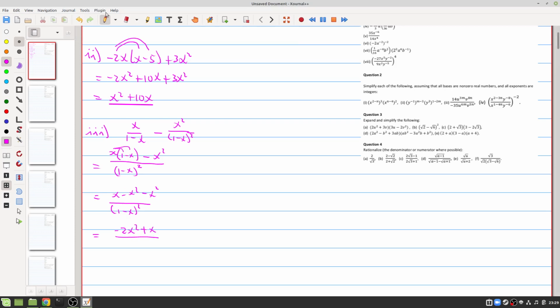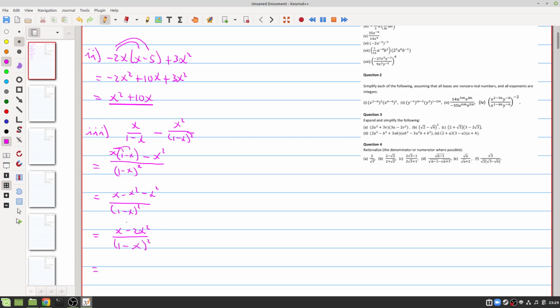Let me actually, just for this question, rewrite it keeping the x first. So x, and then minus x squared minus another x squared is minus 2x squared. I also assume that's what most of you would have done in that order, and just so that the next step is a bit easier to see, although it doesn't matter.